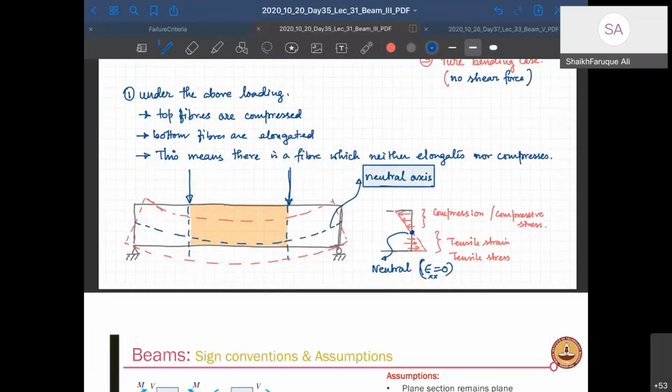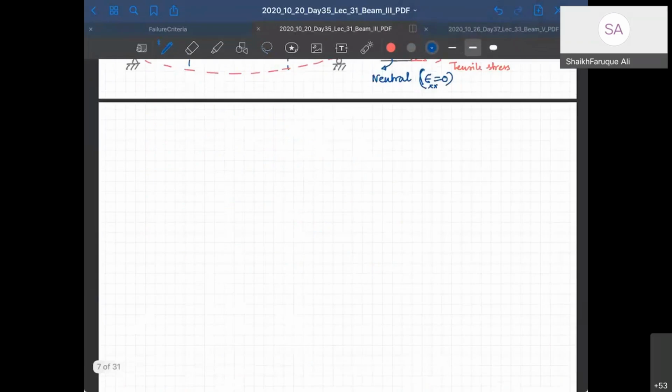Now, this neutral axis is very important. So what is the definition of neutral axis that we come down to? The definition of neutral axis is epsilon xx equal to 0. There is no strain on any fiber in that axis or in that plane.